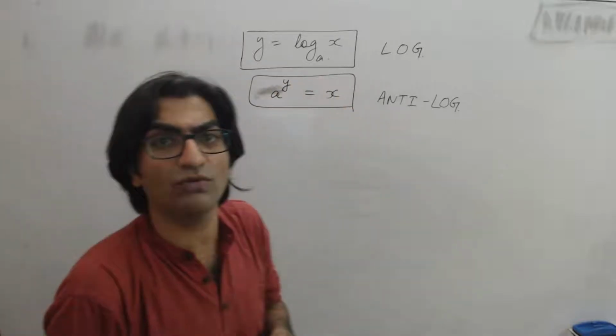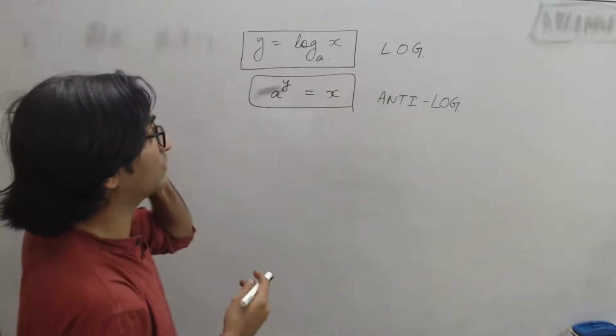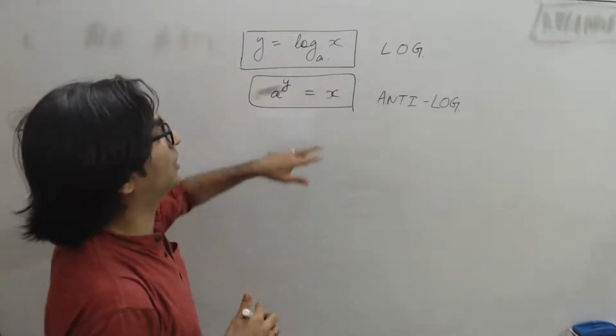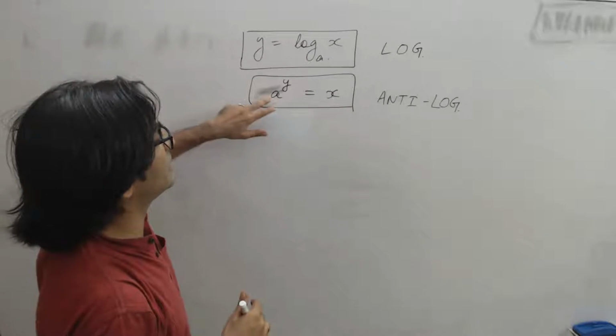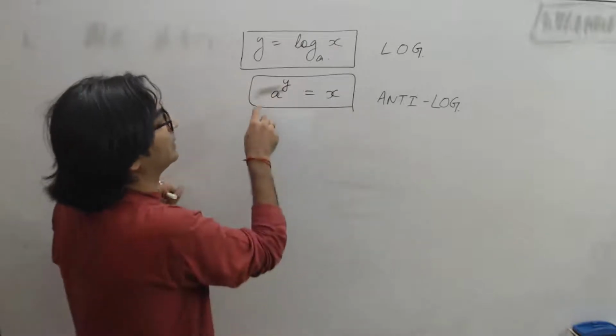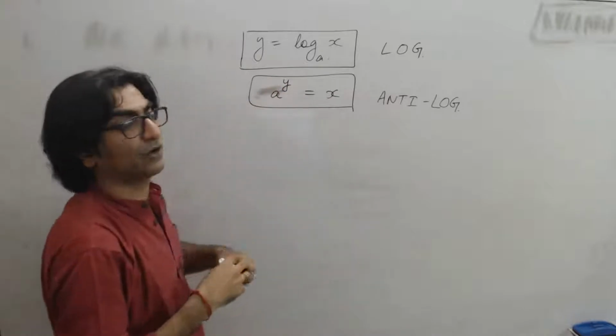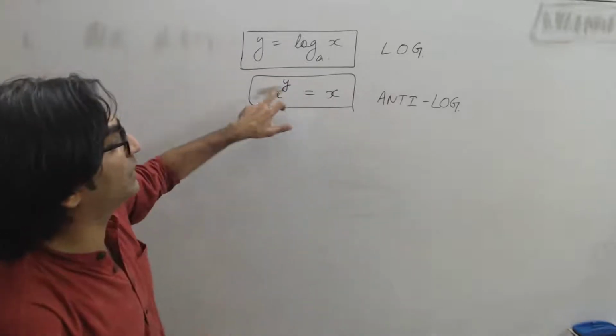So what do I infer from here? What is a logarithm? If x is equal to a to the power y, then the log of x in the base a will be equal to y.